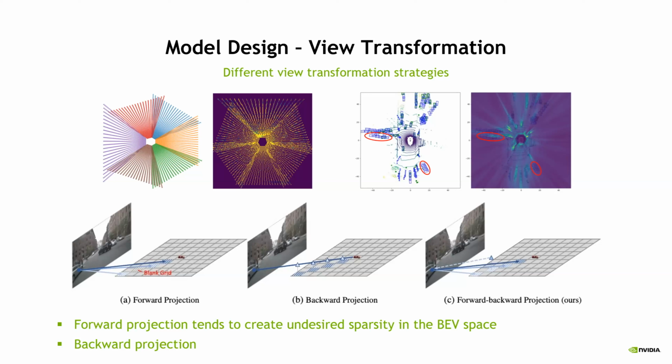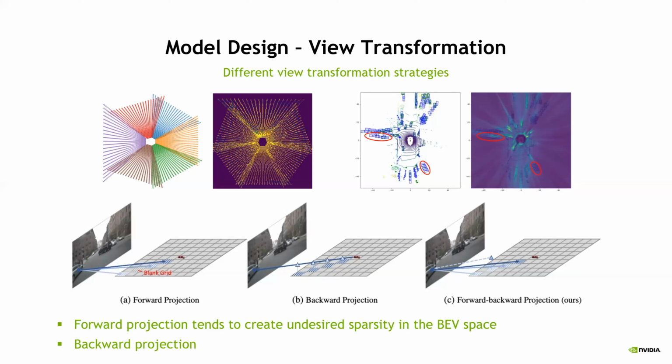A resulting problem is that because you are shooting rays into the BEV, the rays get sparser and sparser as they go away from the ego vehicle. Ultimately your predictions are based on these BEV features, so if the rays get sparse, the sampling at those locations gets sparse, and that creates problems for the prediction.